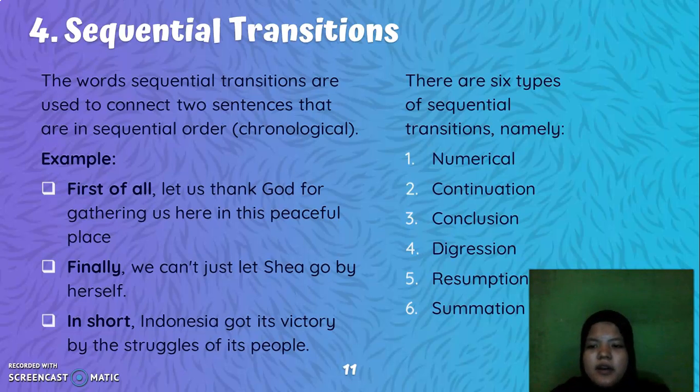Example sentence. First of all, let us thank God for gathering us here in this peaceful place. 2. Finally, we can just let her go by herself. 3. In short, Indonesia got its victory by the struggle of its people.